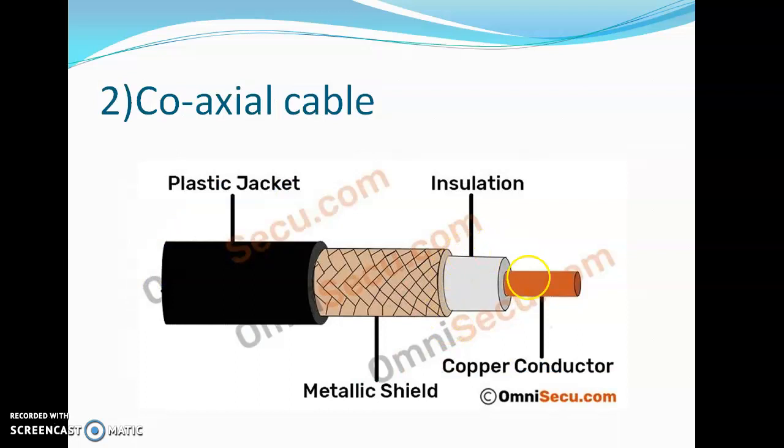The second type of cable that we'll discuss is the coaxial cable. Here you will not have two copper wires. There will be only one copper wire in the center, in the innermost region, and outside this copper wire we will have an insulator.